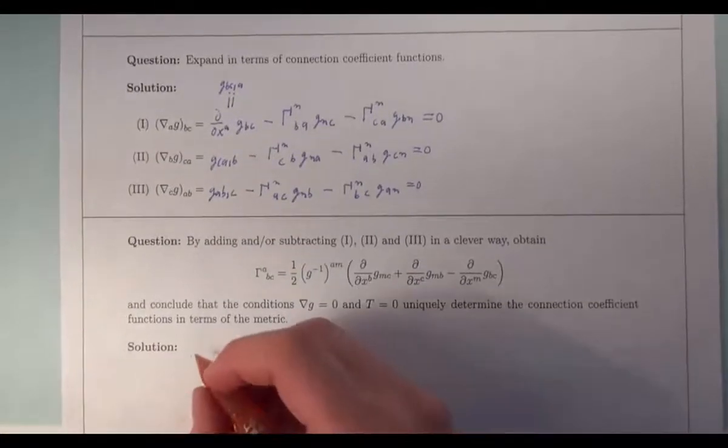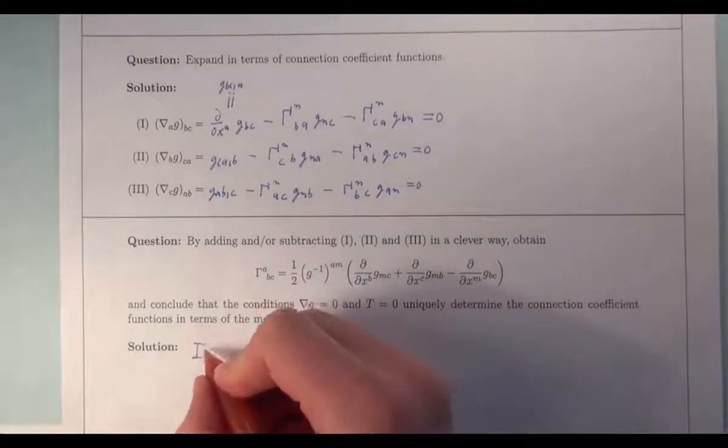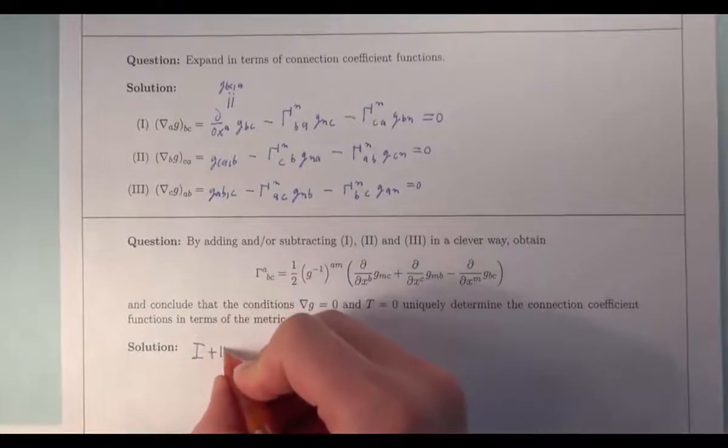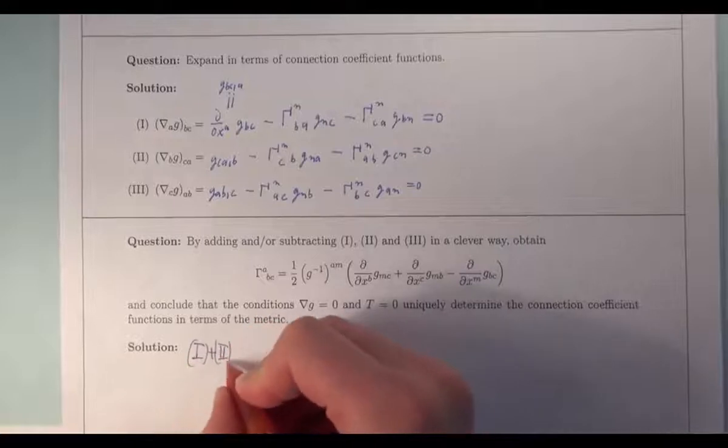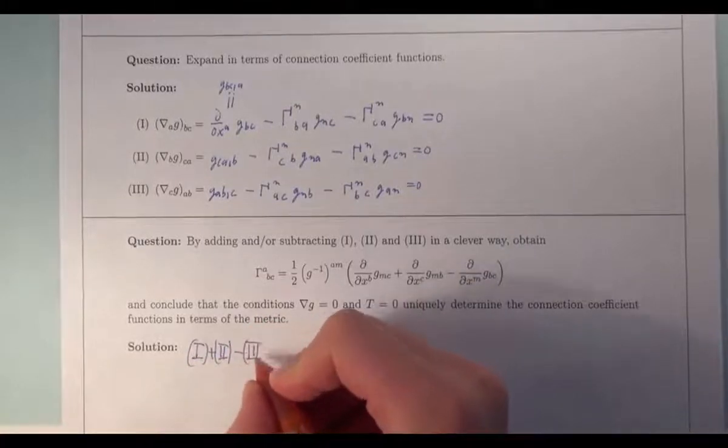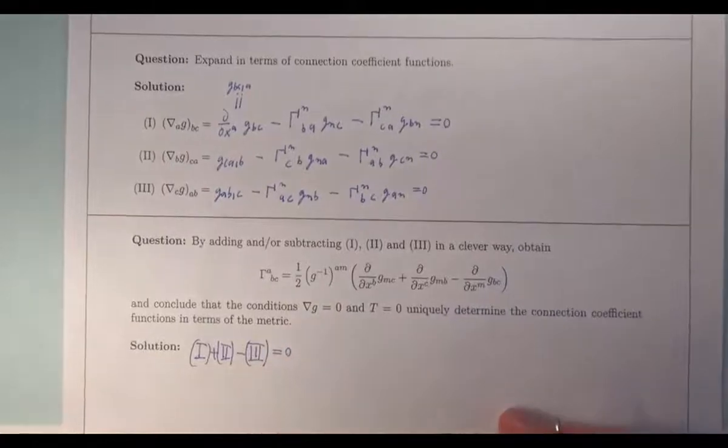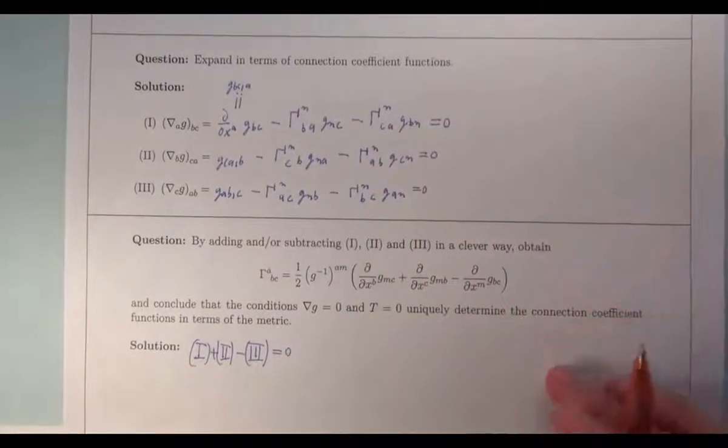Let's start. We add equation 1 to equation 2 and subtract from there equation 3. And we know all this is 0, then all these 3 equations are 0.